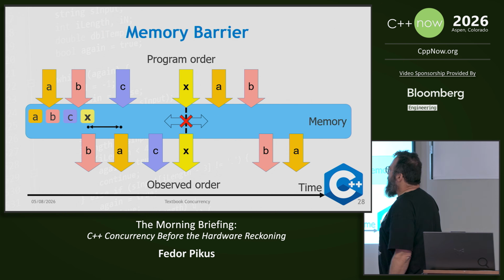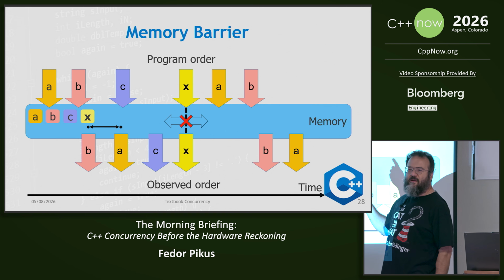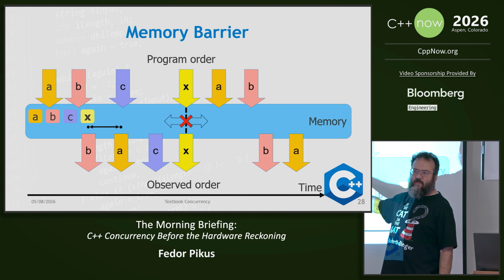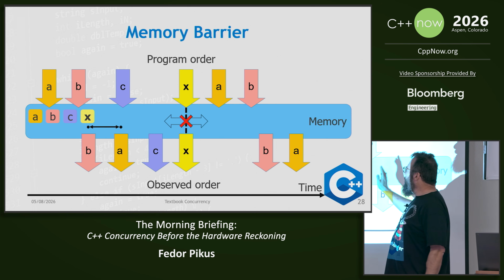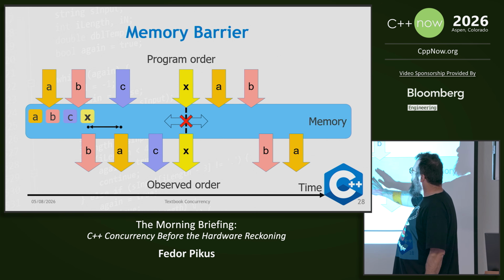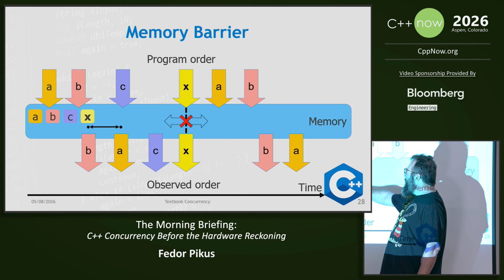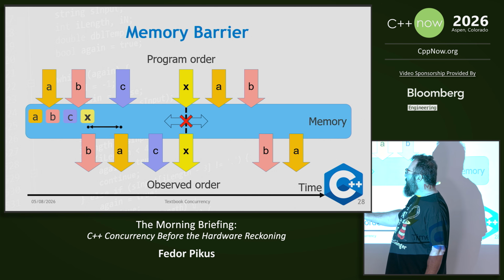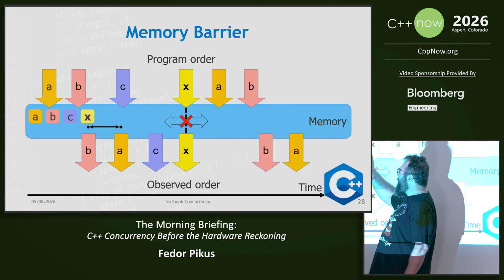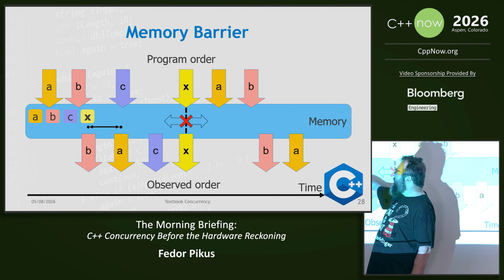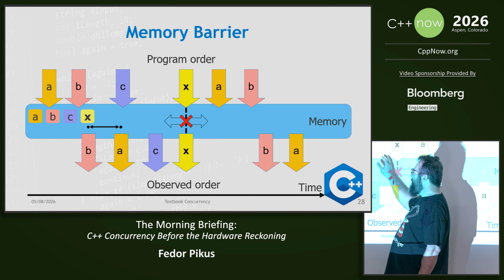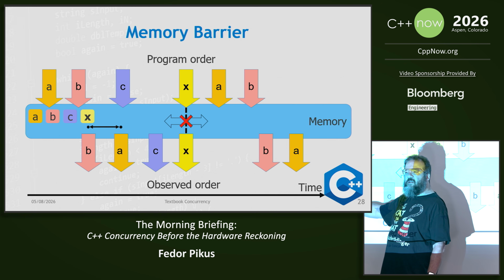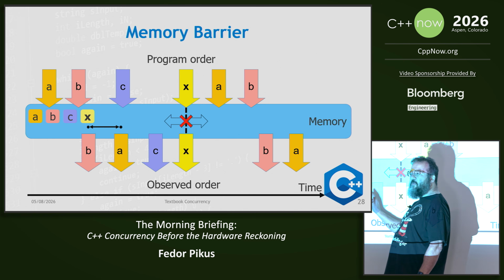Okay, we have a full memory barrier. In C++ terms, this is actually what's called an acquire-release memory barrier. A full memory barrier says that if this is when I saw X change, everything that was done in the past became visible, in some possibly different order, but in the past.